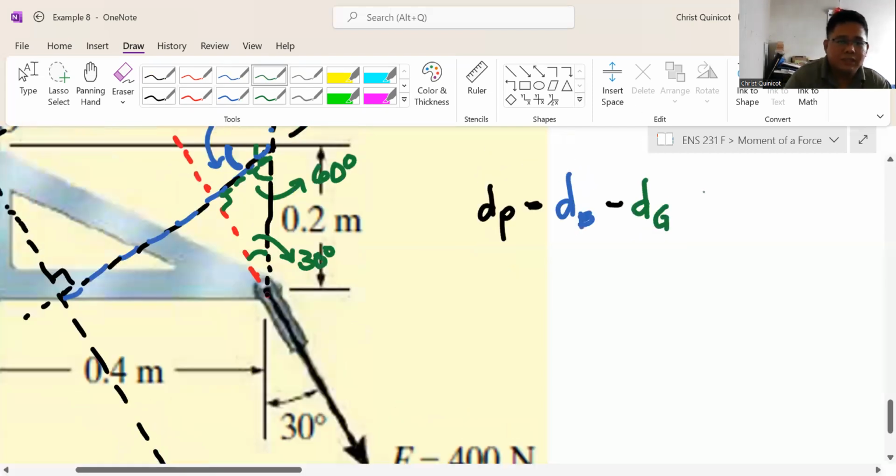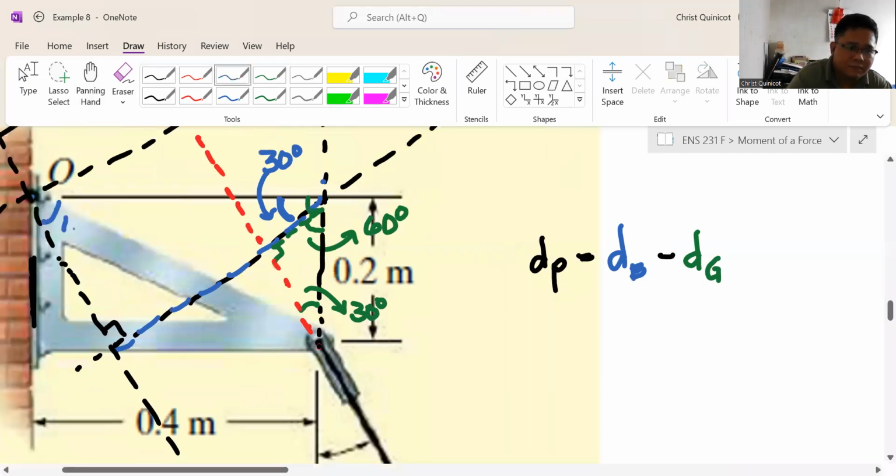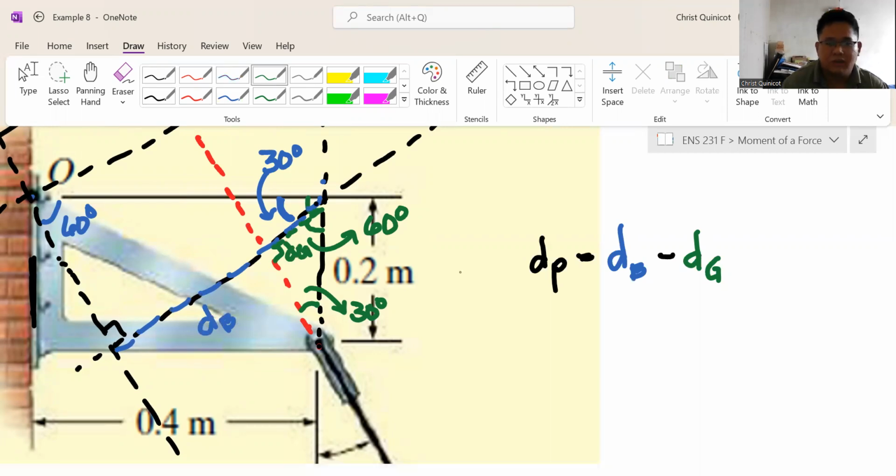To calculate D blue, we can use either 30 degrees or 60 degrees. It's up to you, but take note that we are targeting this side, D blue, and this side, D green. If we use 30 degrees, D blue is adjacent to the angle, so we use cosine.